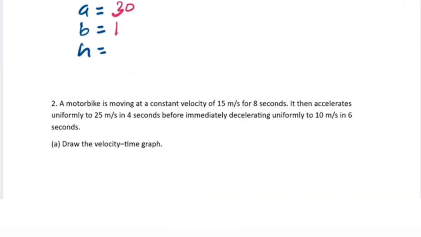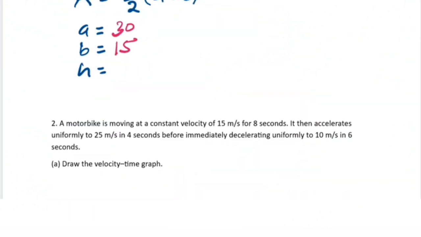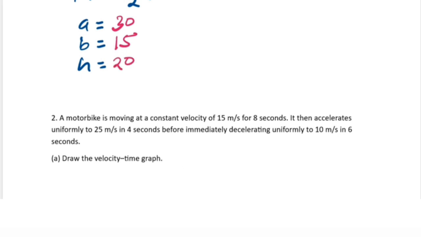The parallel sides are from the beginning from 0 up to 30. That becomes our first parallel side. The other side is the difference from 10 to 25, and that one gives us 15. And then height is the vertical height, which is equivalent to 20.